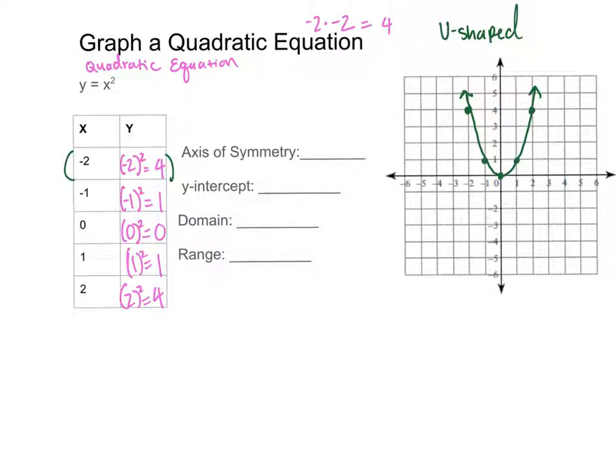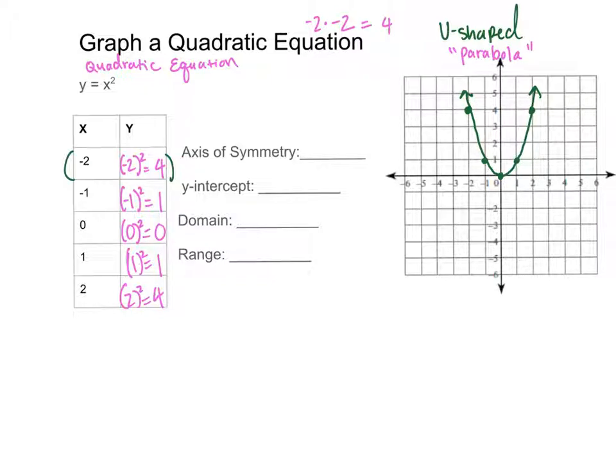So quadratic equations are any function or any equations that have the highest power of 2. And when you graph them, they look like a U-shape, but they are also called a parabola. So a U-shape, you can call that a parabola.